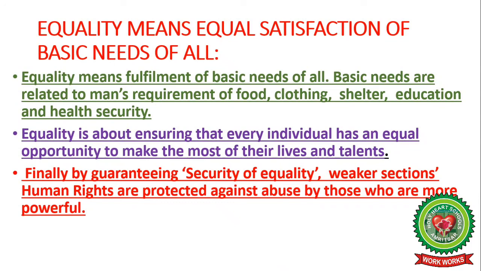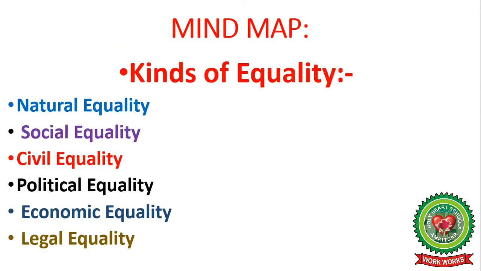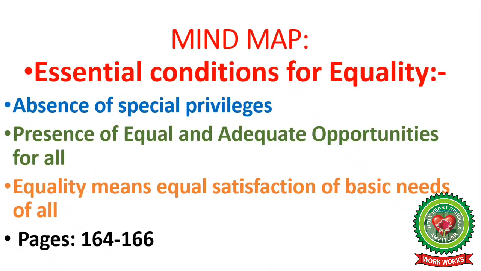Students, now I have discussed today's topic, that is kinds of equality. Now I will recap what topics I have discussed with you. Today I have discussed the kinds of equality. Under the kinds of equality I have discussed natural equality, social equality, civil equality, political equality, economic equality, and legal equality.